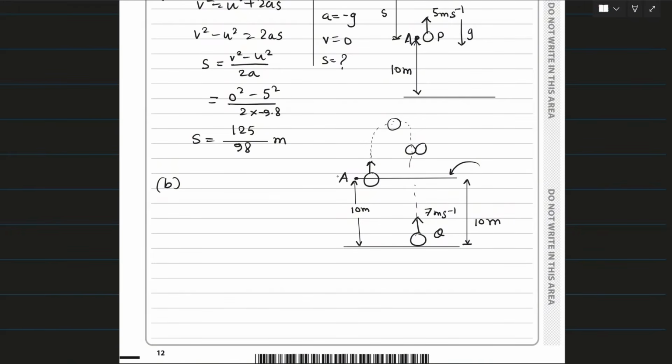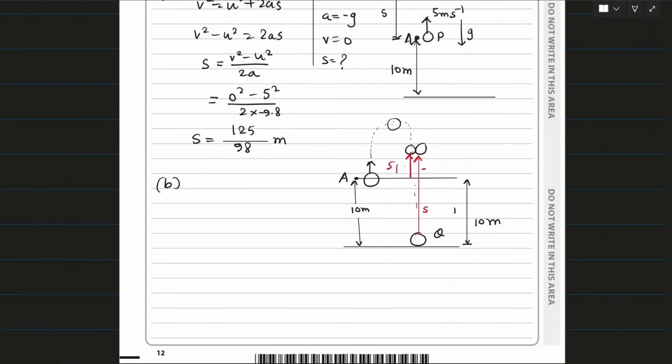In that case, the displacement of P would be given like this, and the displacement of Q would be given like this. If the particles collide above the 10 meter line, the displacement of P is the smaller arrow, and the displacement of particle Q is the bigger arrow.